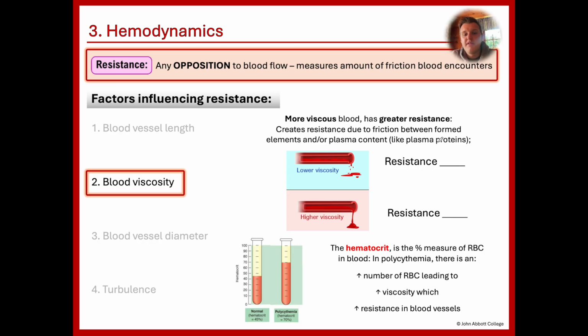So think of it this way. If I have thicker blood, more formed elements and plasma proteins, more red blood cells, more white blood cells, if I have a lot more of it, right, then the blood will be thicker, because it's less watery. Think of a soup, right?